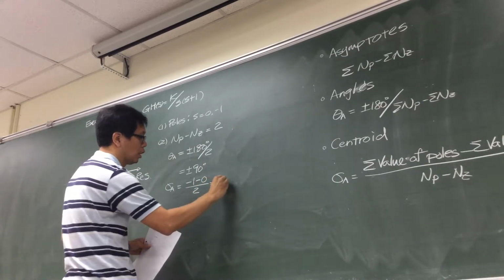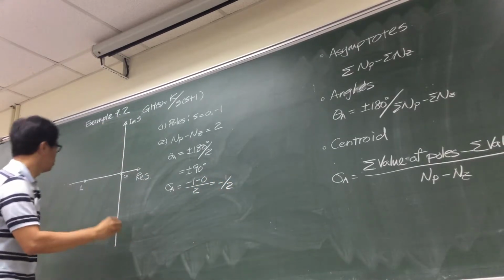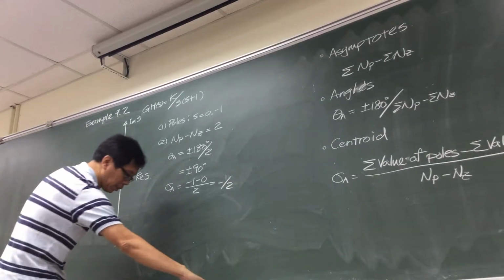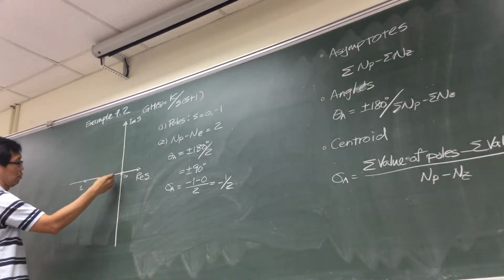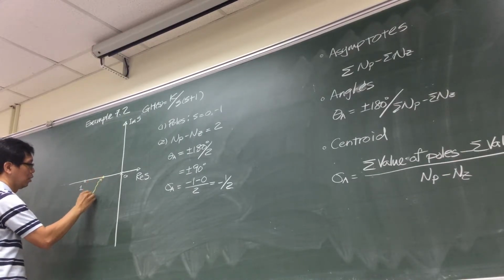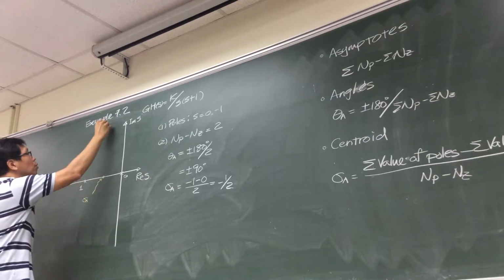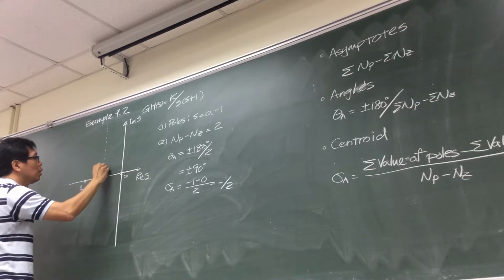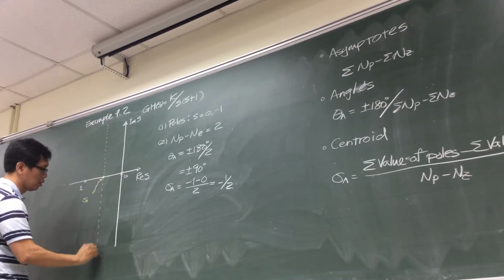So it's going to be negative 1 over 2. So the centroid is going to be located over here. So we can start to draw our asymptotes over here.